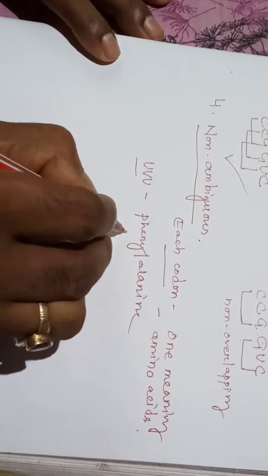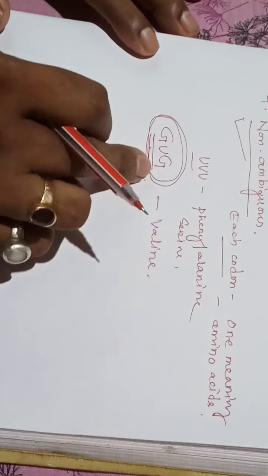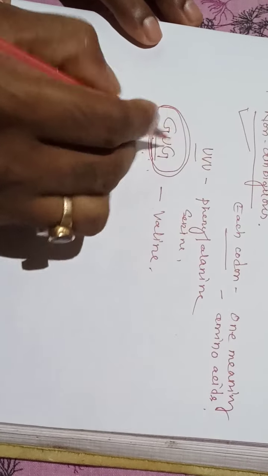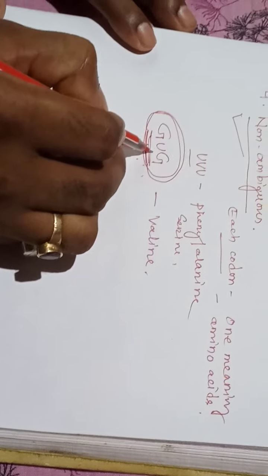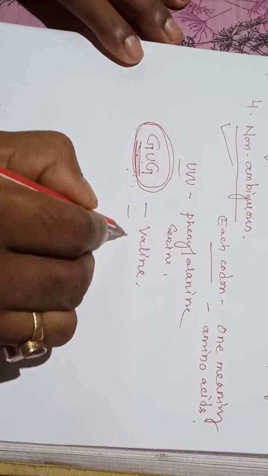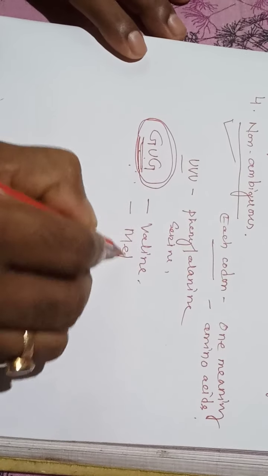One exception to this non-ambiguous property is GUG. This codon normally codes for valine. But at the initiating position, the starting position, when AUG is absent, GUG acts as the initiation codon and codes for methionine.